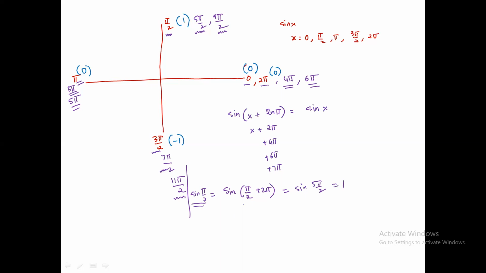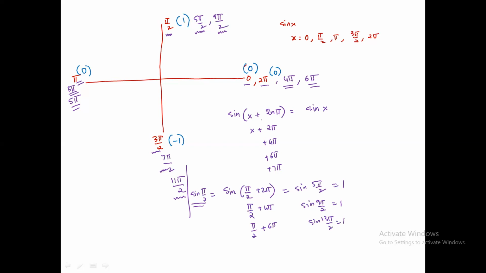That is 1. Similarly, to pi by 2 you add 4 pi. The value of sine 9 pi by 2 also will be 1. To pi by 2 you add 6 pi. Then sine 13 pi by 2 is also 1.